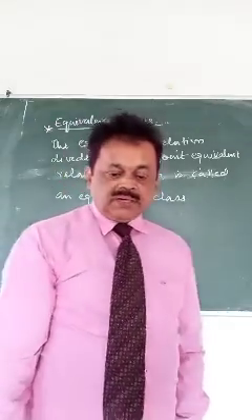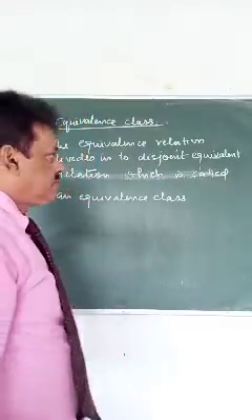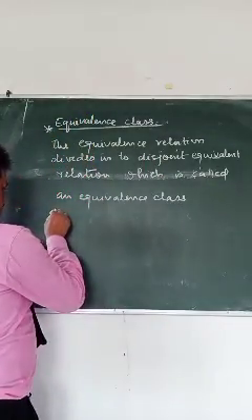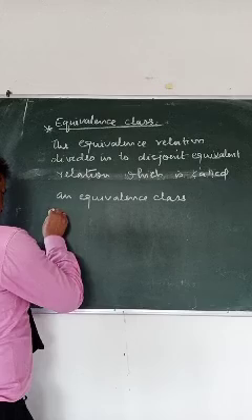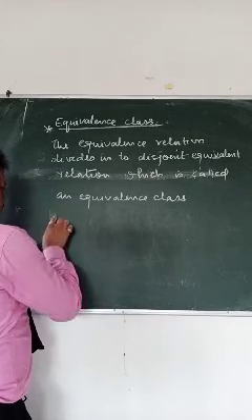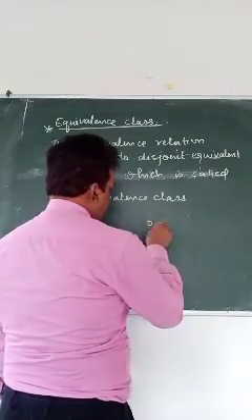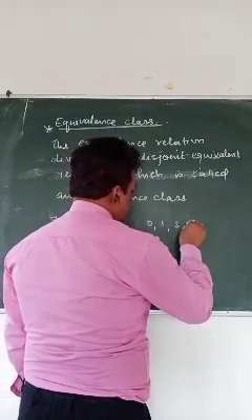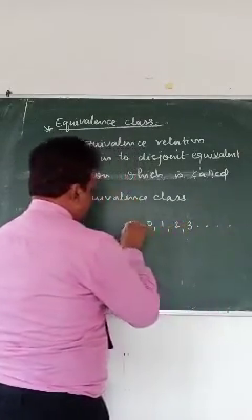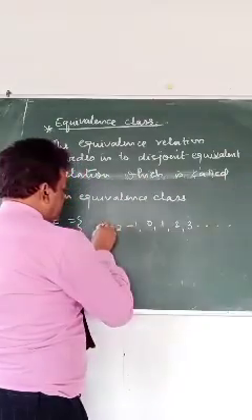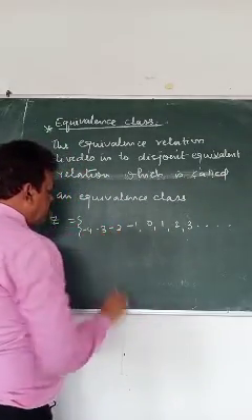This is what I am defining for you. Suppose we have the set of integers, for example 0, 1, 2, 3, minus 1, minus 2, minus 3, minus 4, like this.